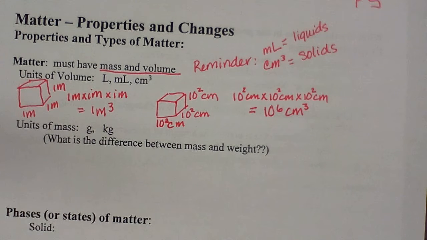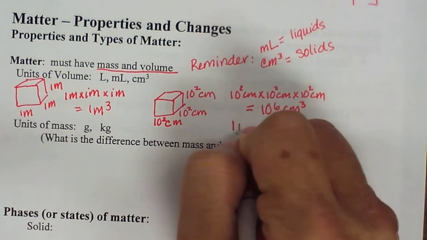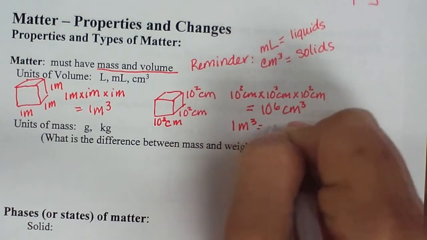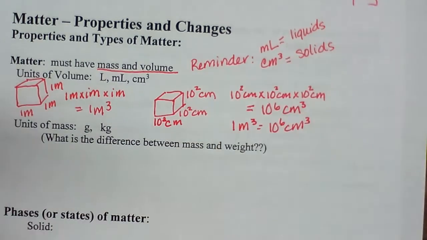This should be a little bit of review from that worksheet that we did where you were doing the area, right? So that means that 1 meter cubed is equal to 10 to the 6th centimeters cubed. Are there questions on what I just did?